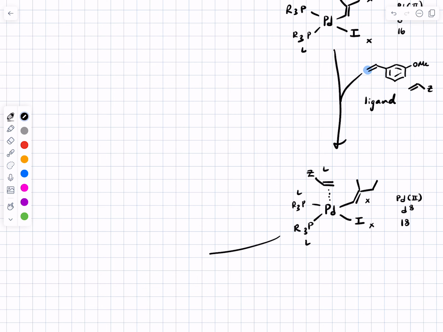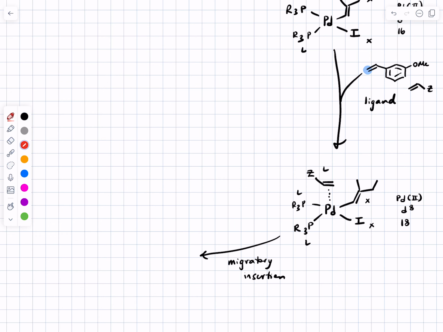So what happens next is interesting and kind of weird. The next step is called migratory insertion. And I will push arrows here because it's important for sort of figuring out what's going on.